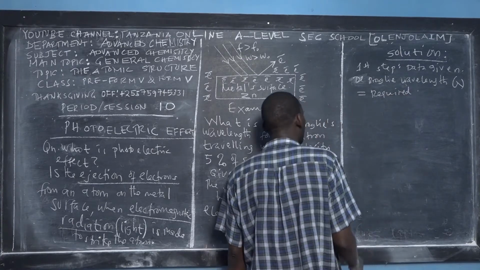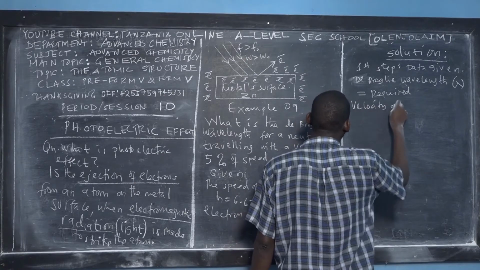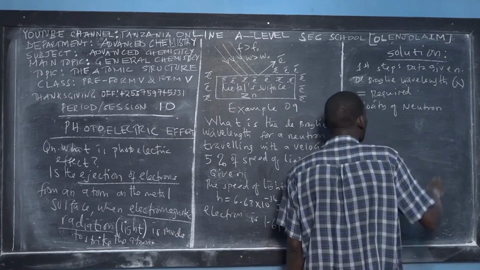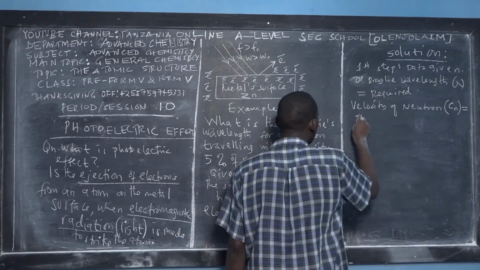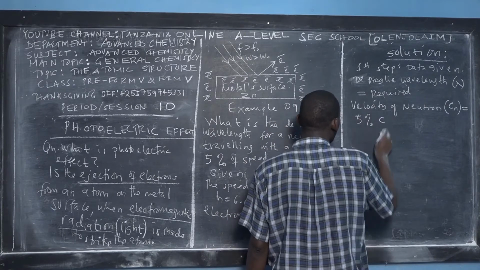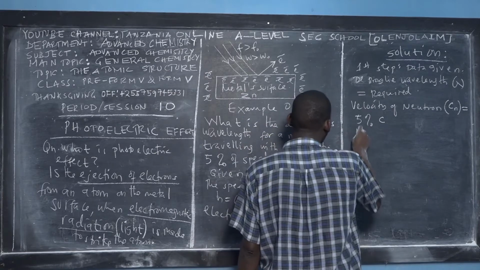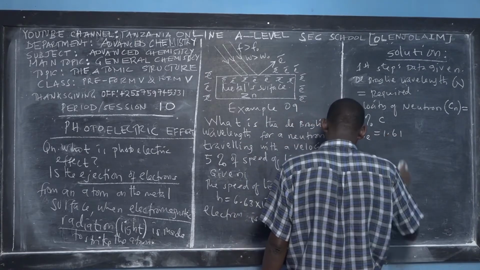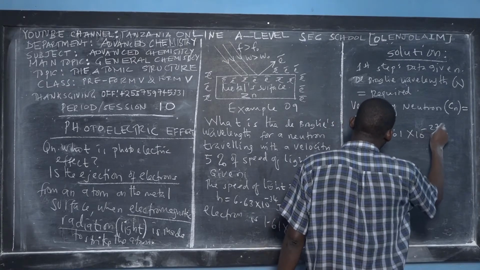And then it says that the velocity of the neutron is 5% of the velocity of light, that is c. And then the given mass is 1.61 exponent negative 27 kilogram.